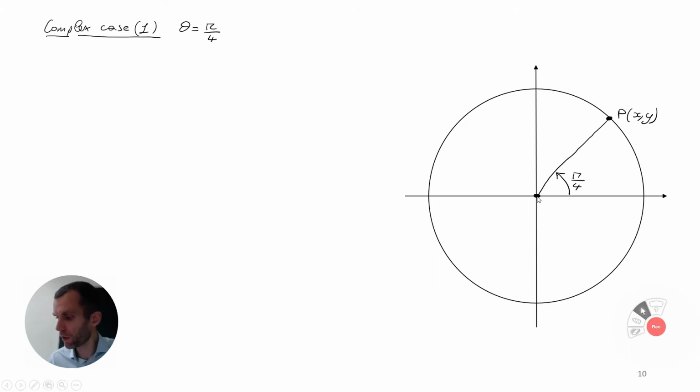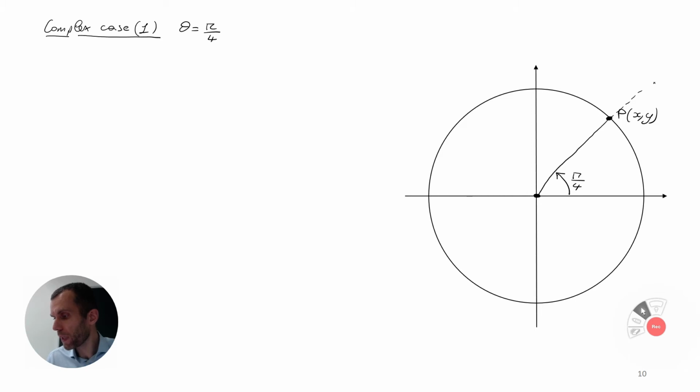We have to use a little bit of geometry now to figure out what the coordinates of x and y are. And the thing that will yield us the answer here is the realization. We have pi over 4 here. This entire angle is pi over 2, so that's half. And this radius here basically separates the quadrant into 2 equal parts.